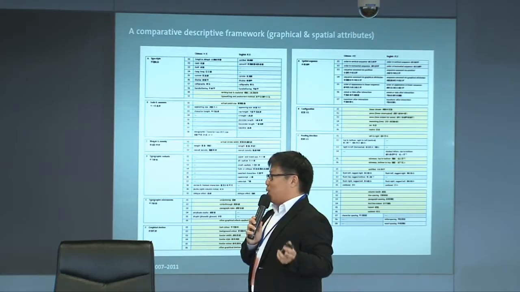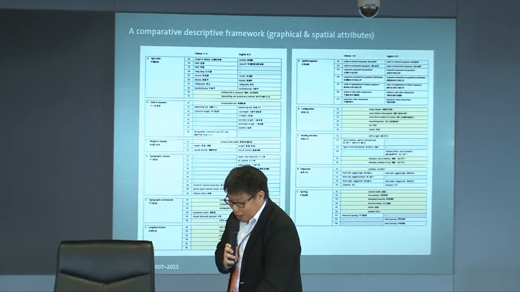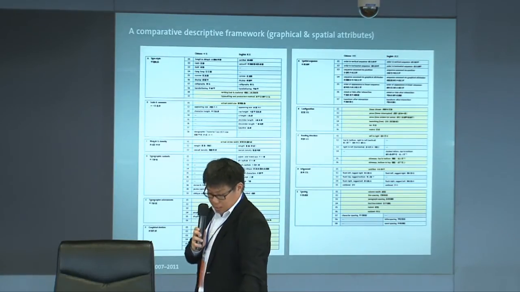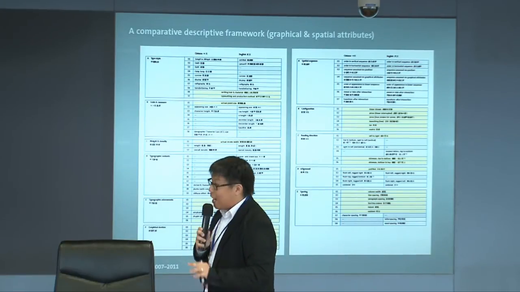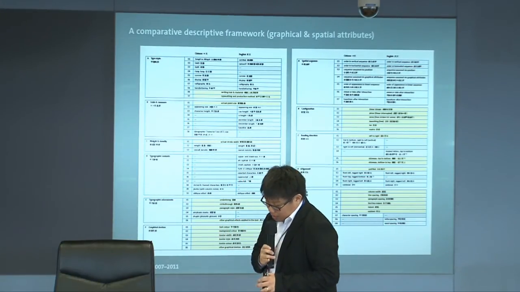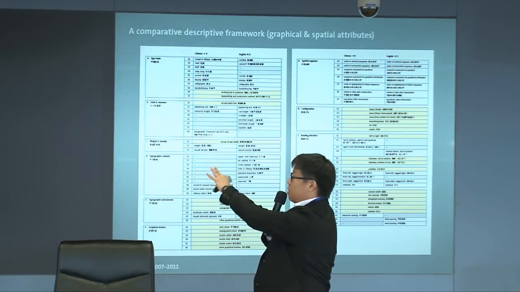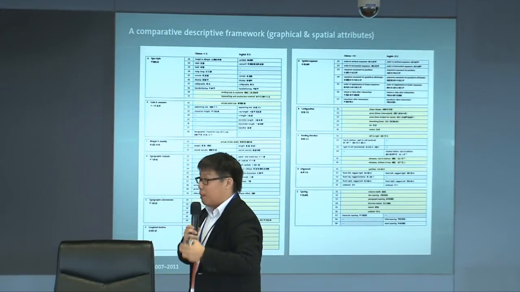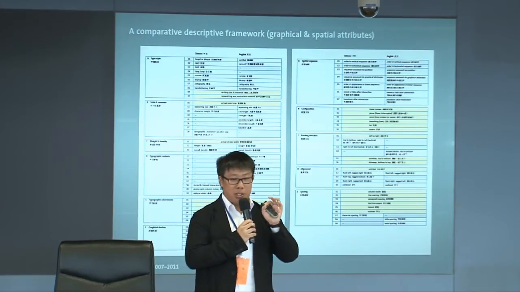So I'm not going to bore you with this. This is actually breaking down everything, all the graphical and spatial things that we can do to typography to organize bilingual information. Basically, there are 2 major categories, graphic and spatial, 5 main categories, and 76 comparisons, breaking everything down to very small.